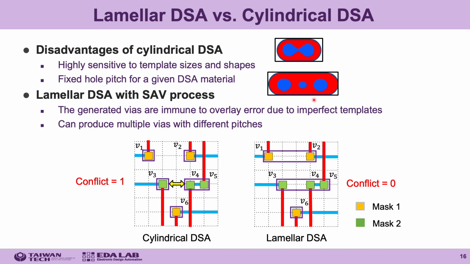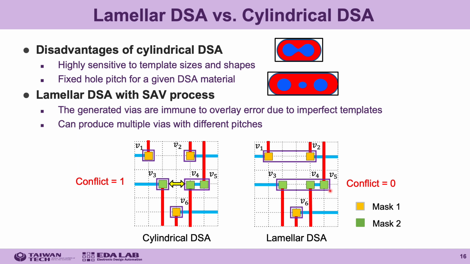These two problems can be overcome by adopting lamellar DSA with the self-aligned via process, in which via holes are produced at the intersection of the vertical metal wires and the horizontal guiding templates. Therefore, the produced vias are immune to displacement errors caused by the imperfect aspect ratio and dimensions of templates.